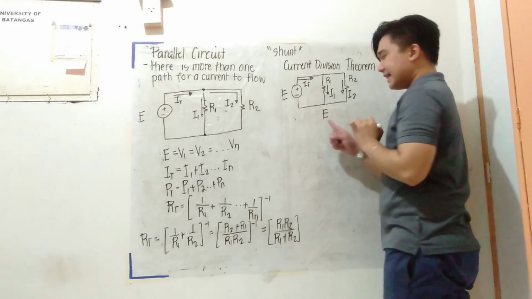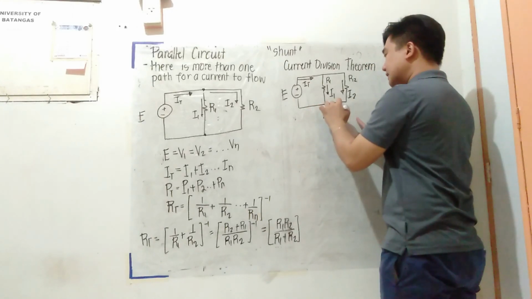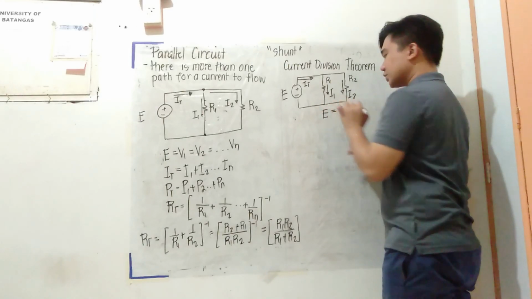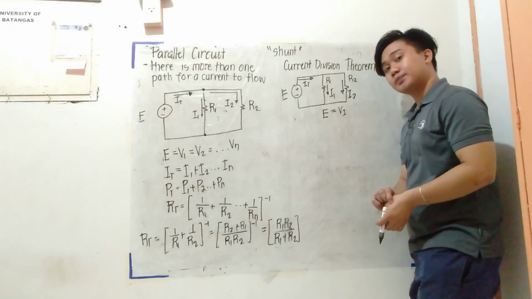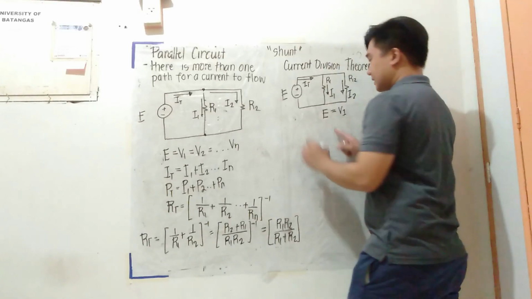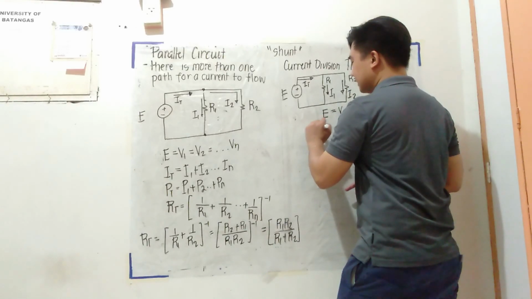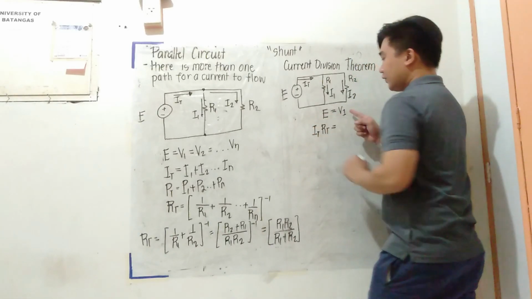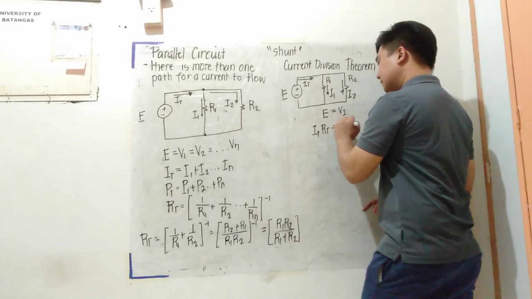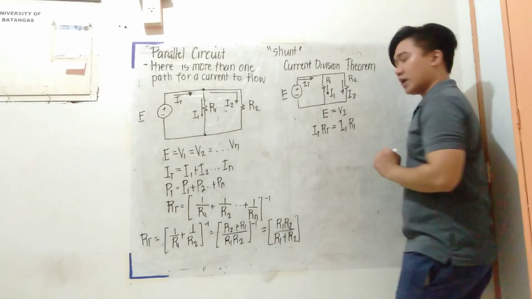Yung supply E natin ay equal sa voltage drop kay resistor 1 at equal lang din sa voltage drop kay resistor 2. Diba? E is equal to I total times R total, while V1 is equal to I1 times R1.